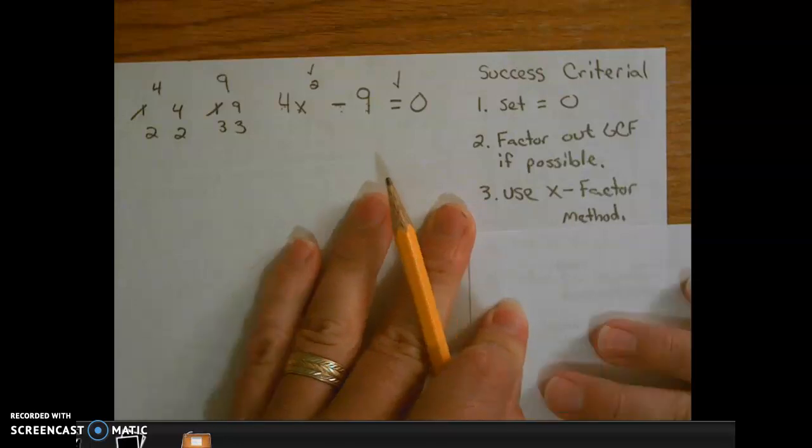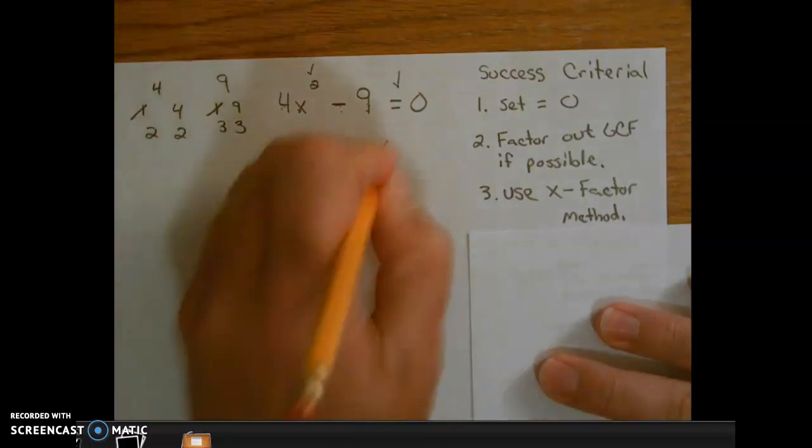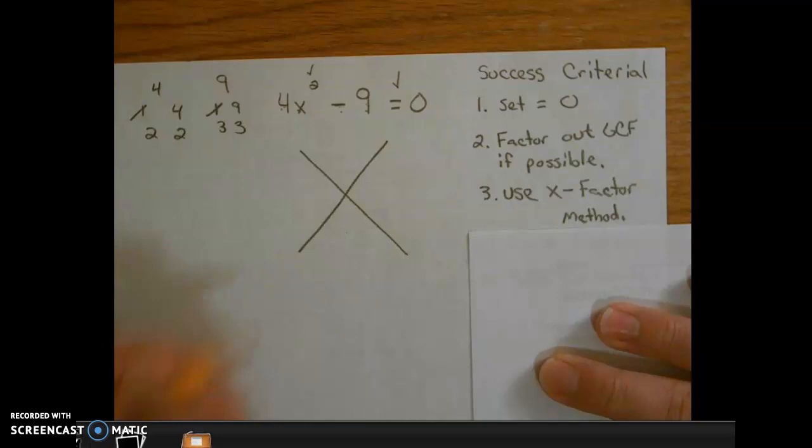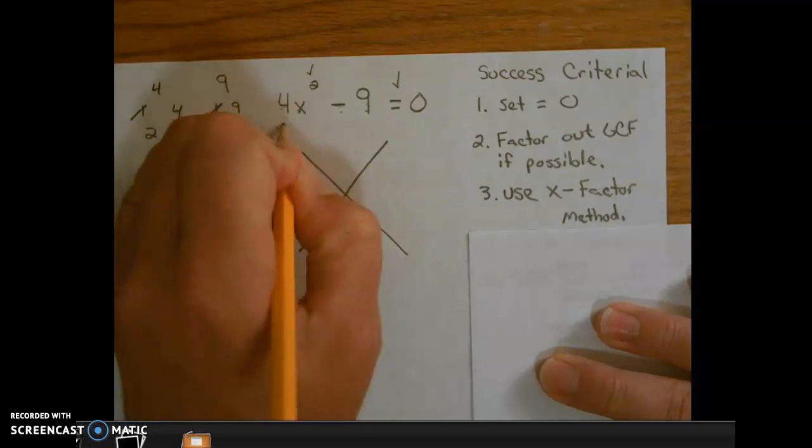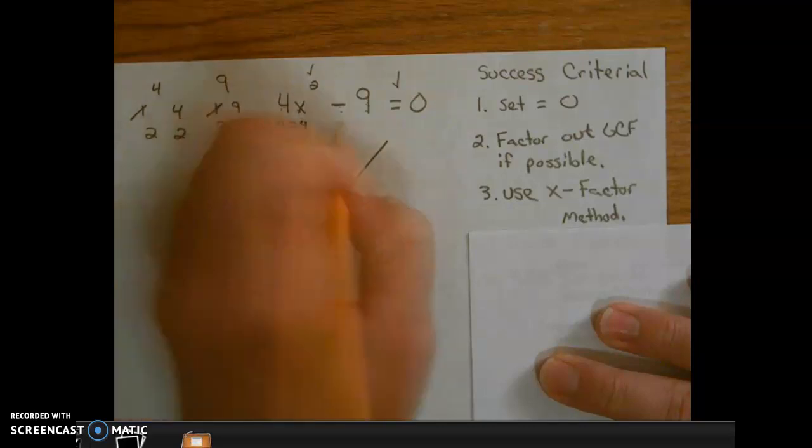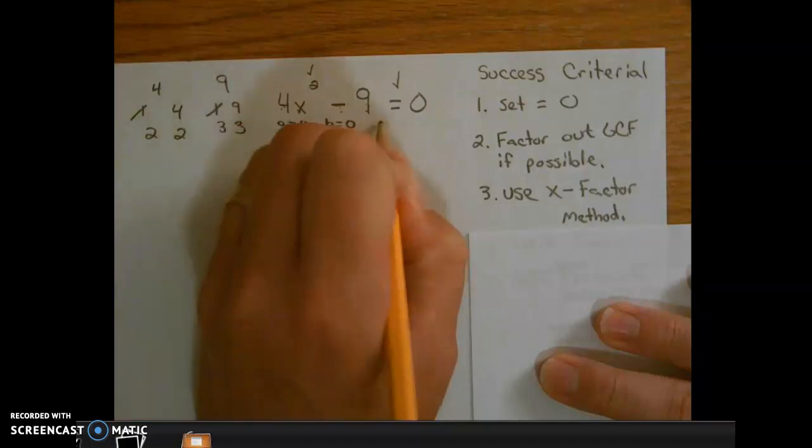Next, use the X factor method. Okay, so A is 4, B is missing, so that's going to be 0, and C is negative 9.